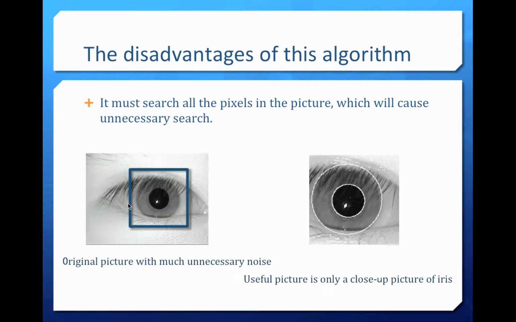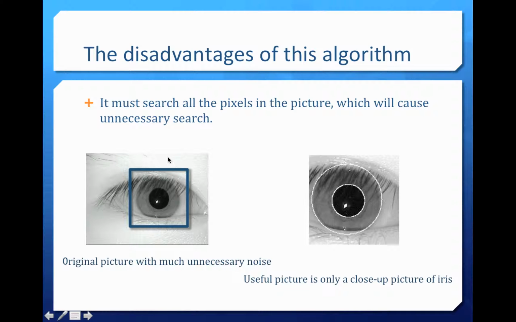But when I was doing the code, I found one disadvantage of this algorithm. Let's look at this picture. When we use this algorithm, we must search every pixel in the whole picture.